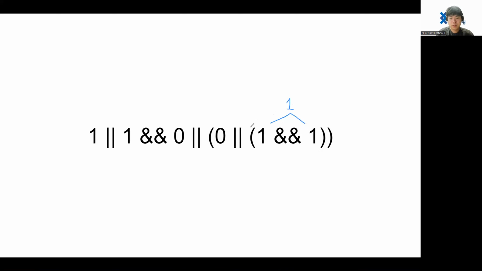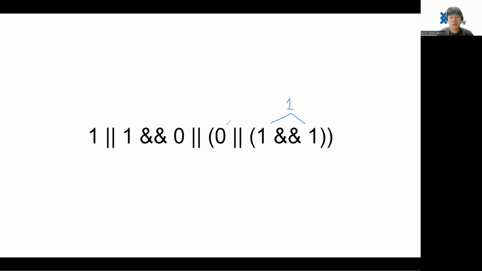And then, since there's nothing to solve anymore within the parenthesis, we now go to the outer parenthesis. So now is there an and statement within this parenthesis? No. So we go to the lowest precedence, which is or. So 0 or 1, the answer is 1. False or true is always true.